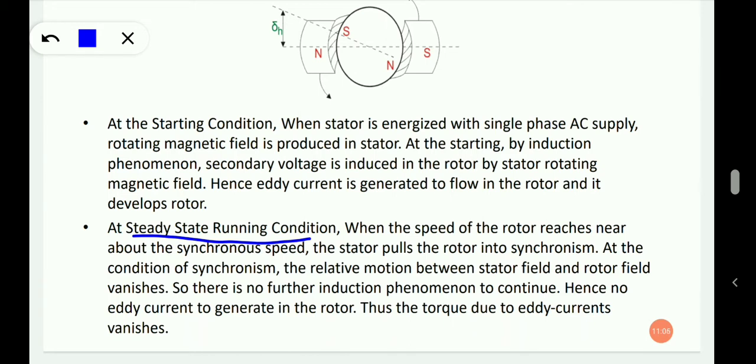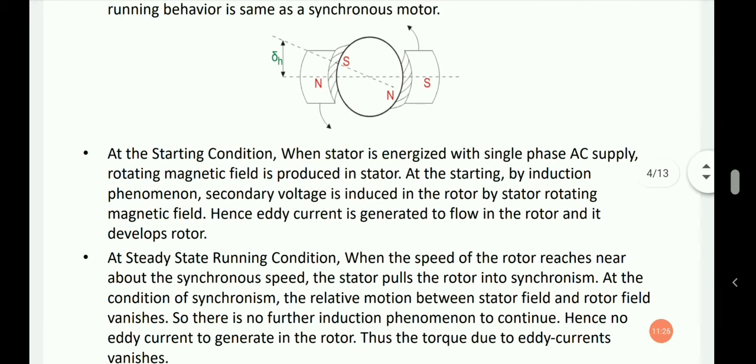At the time of rotor rotation at the synchronous speed, the rotating magnetic field flux in the stator produces poles on the rotor by induction. They are named as north and south poles. Hence the rotor behaves as a permanent magnet having the rotor axis as the induced magnetic axis.